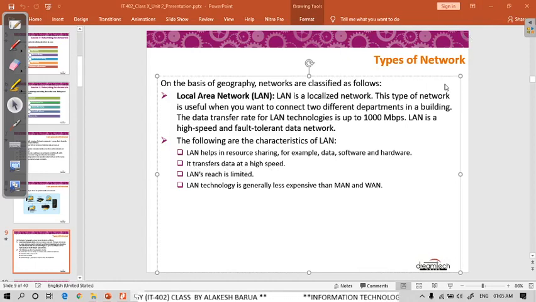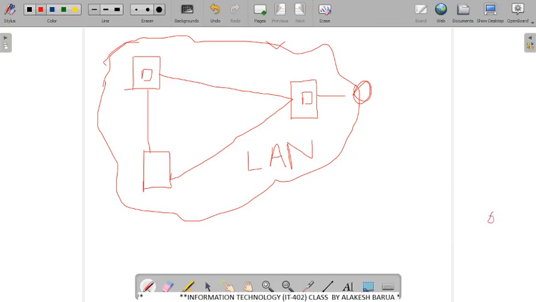Remember, think of ripples in a pond. If you throw a pebble, then the ripples are more energetic near, and they disperse when they get far. Computer signals are also like this. If computers are connected locally, or are at a short distance from each other, then the signal is very strong.